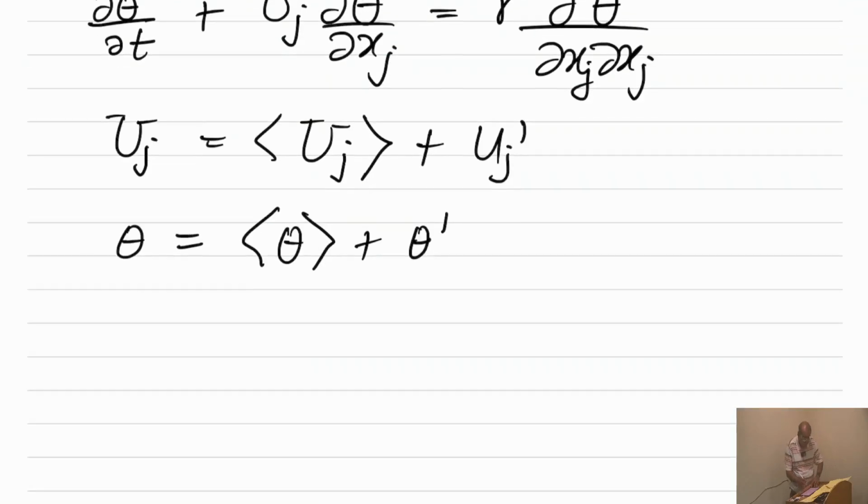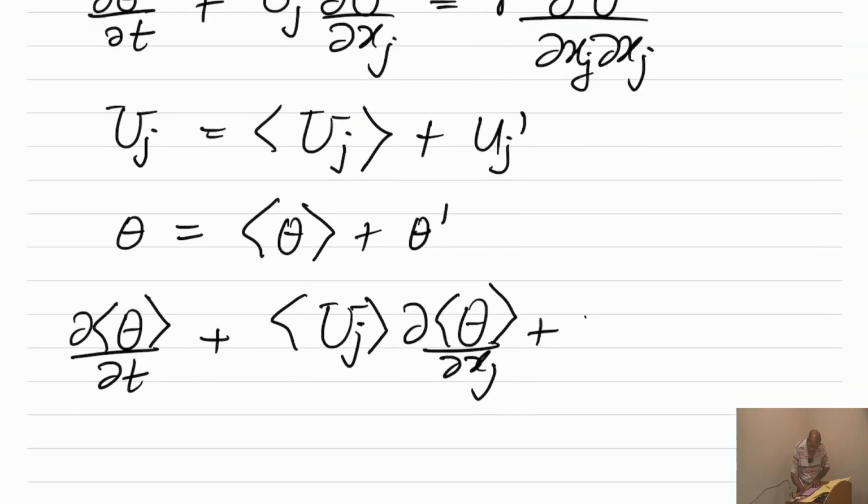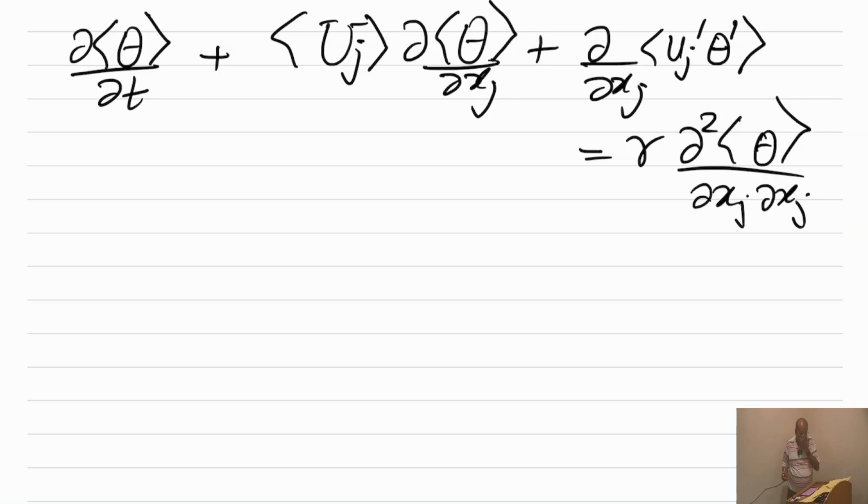Then when we put this in, what we get is partial mean of theta by partial t plus mean of uj d theta by dxj plus partial by partial xj of uj prime theta prime, equal to gamma times d2 theta by dxj dxj. So, this is the heat transport equation.